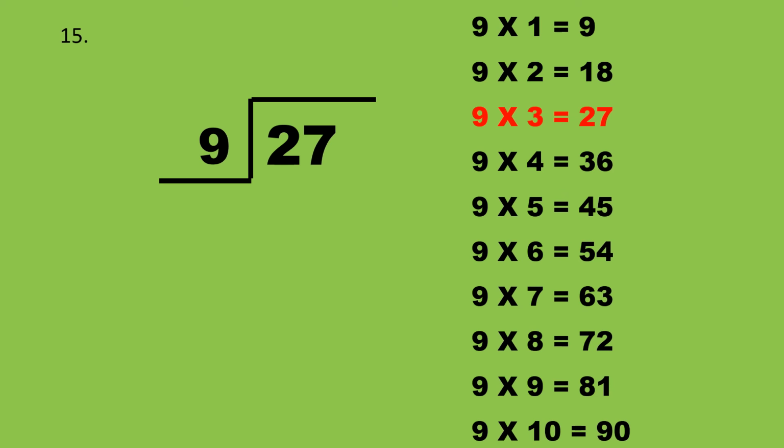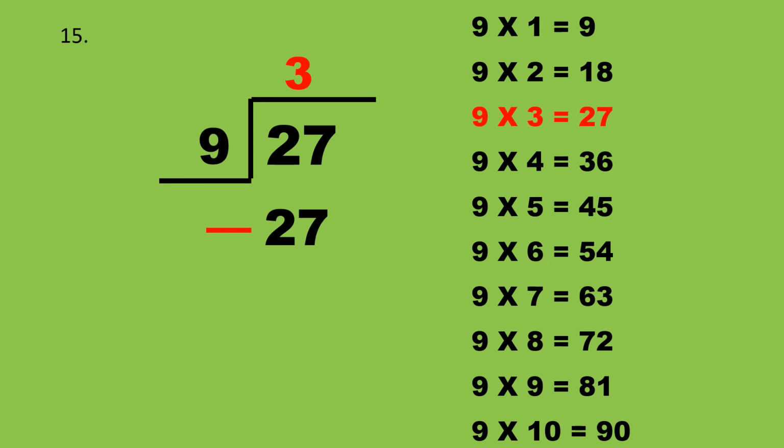So children, where does 27 come in the table of 9? 9 threes are 27. So children, what will we write on top? 3. So 9 threes are, and here we will write 27. Okay, and now which sign will we put?